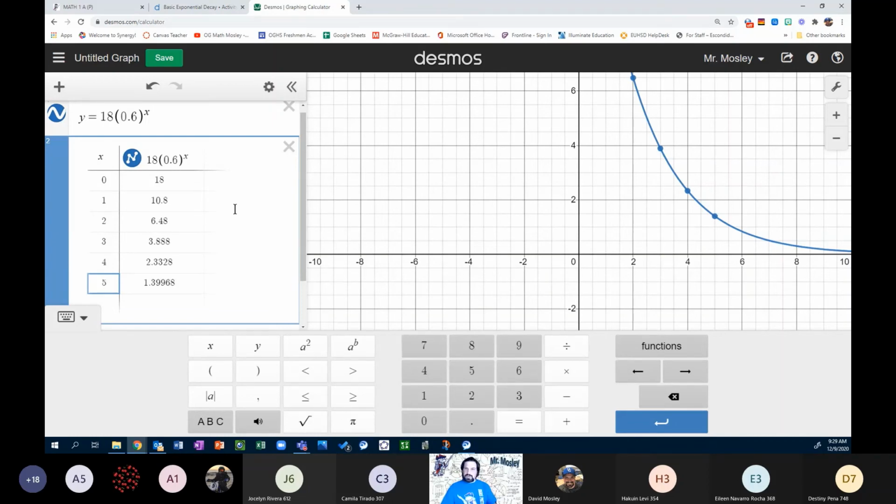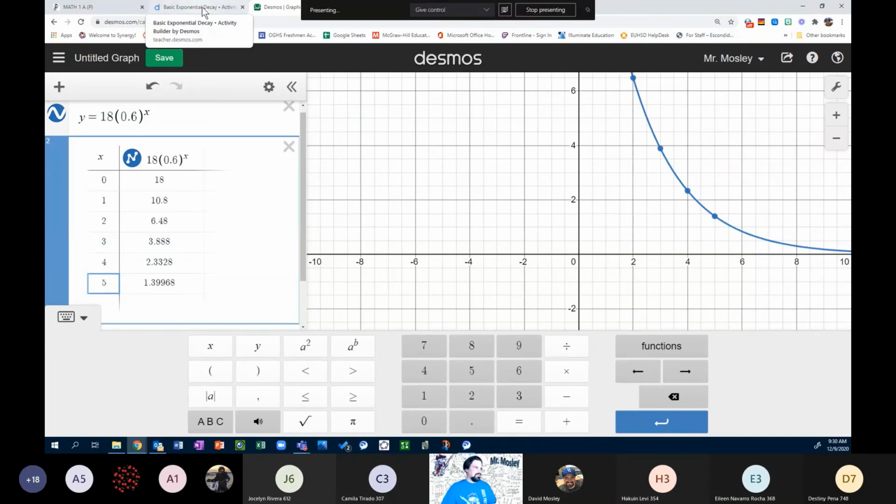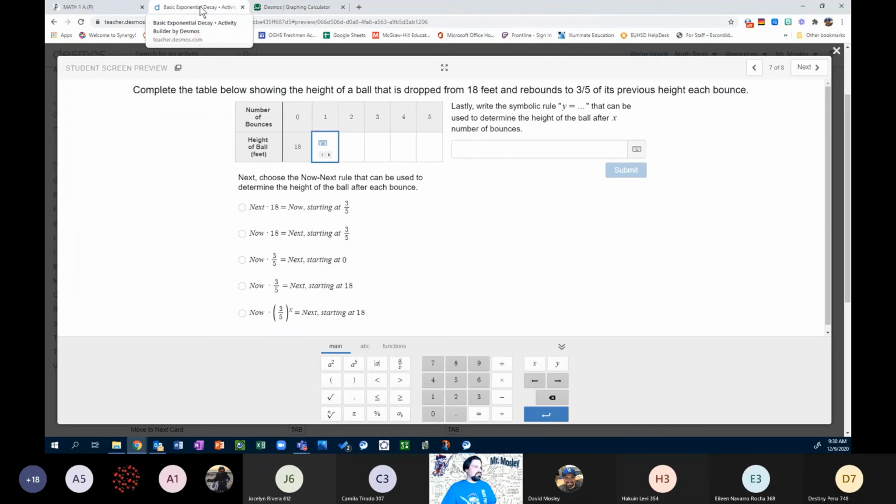So we can calculate each one using a calculator if we like, or since we're already in the Desmos and we already have access to this, we're going to use the tools available. I can get my values here and then just enter them in. So the first one is 10.8 and 6.48.